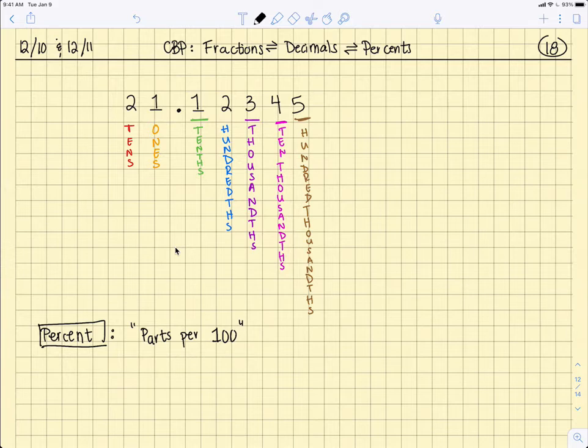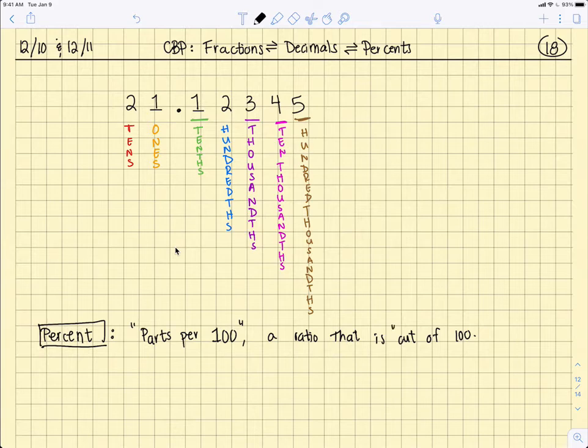Essentially what a percentage tells you is a ratio that is out of 100. You have heard percentages, like 25%, that's 25 out of 100.